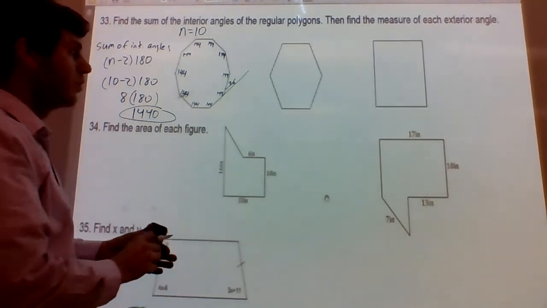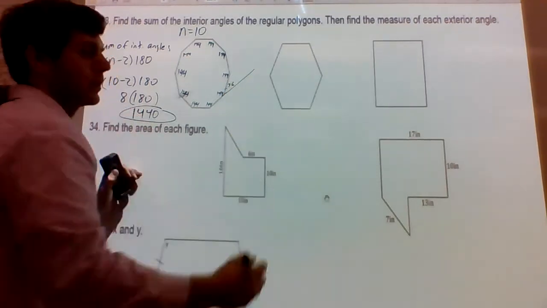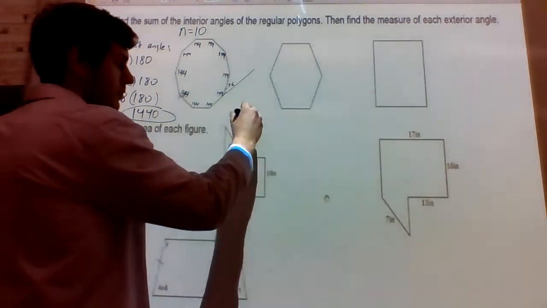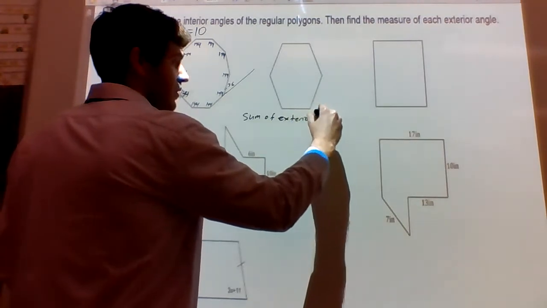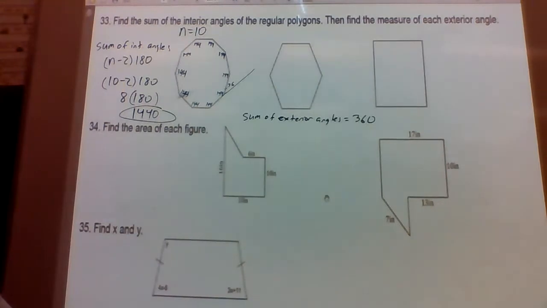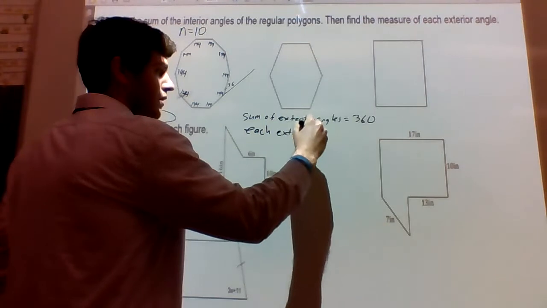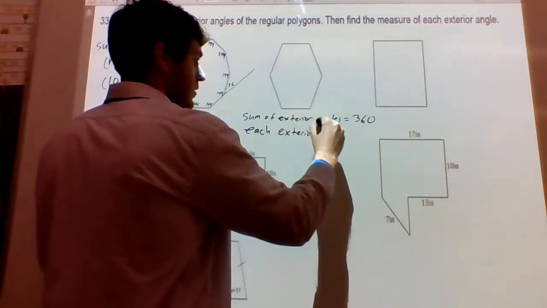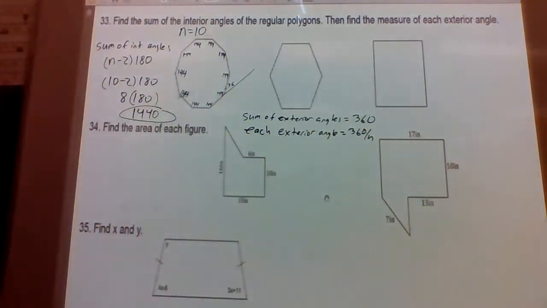Or, a different way to find it, is we can use the formula. We know the sum of the exterior angles is going to equal 360. So each exterior angle is going to be 360 divided by n. We divide by the number of angles there are.